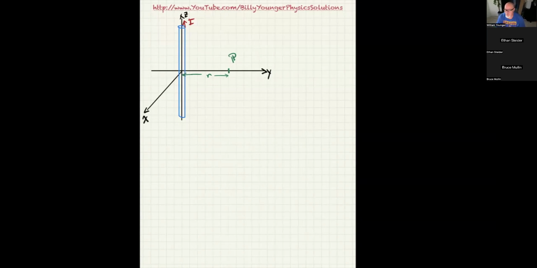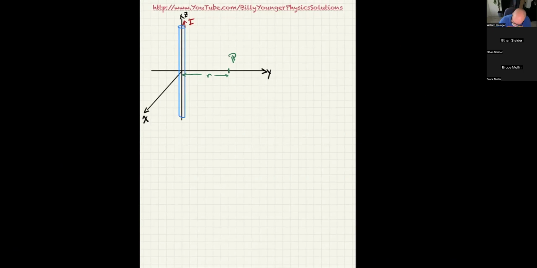In fact, if I rotated it by 90 degrees, it'd be on the x-axis. If I rotated it by 180, it'd be on the negative y-axis. If I rotated it by 270, it'd be on the negative x-axis. All of this means it's always going to point in a direction perpendicular to the line that connects it to the wire. So it really is behaving as if it's a point in the theta direction. So that theta hat stuff will come into play.